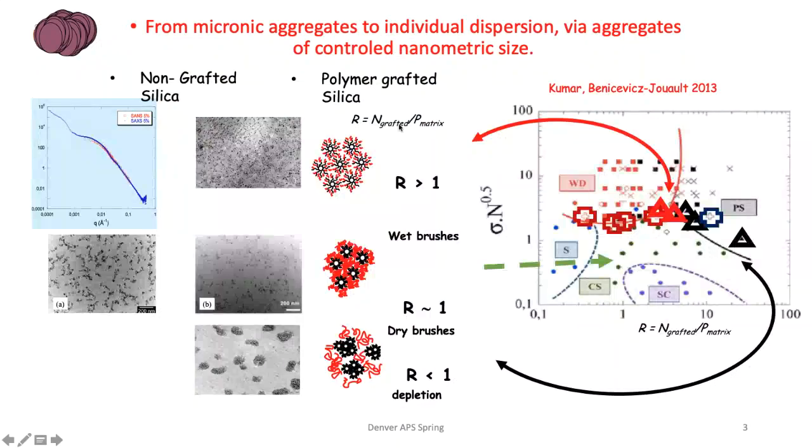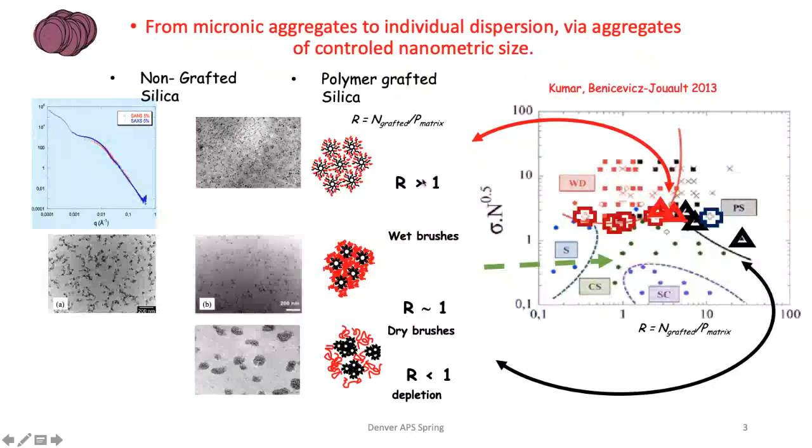And we could see that this effect was controlled by the ratio between the degree of polymerization of the grafted chains and the degree of polymerization of the matrix chains.